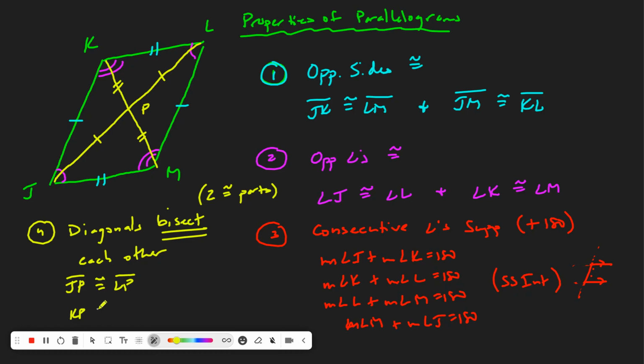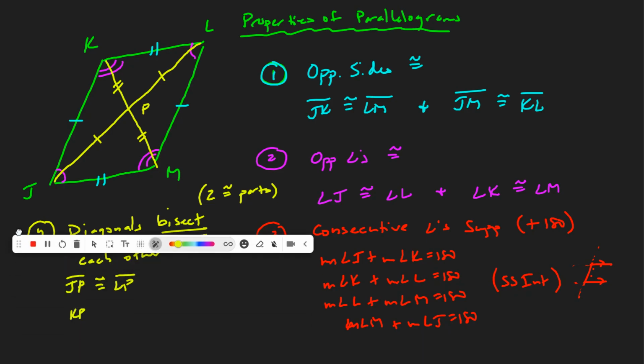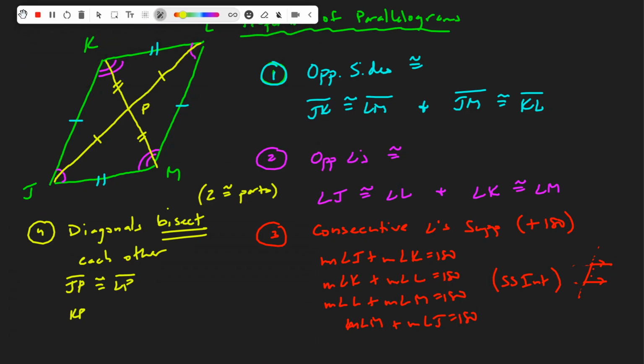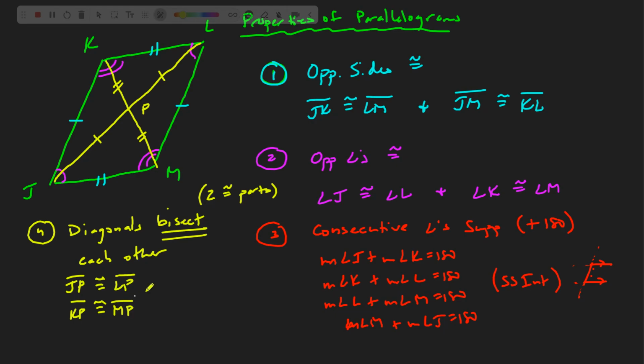So segment KP is congruent to segment MP. Now, what that means is that P is the midpoint of both segments, JL and KM, your two diagonals. So keep that all in mind.